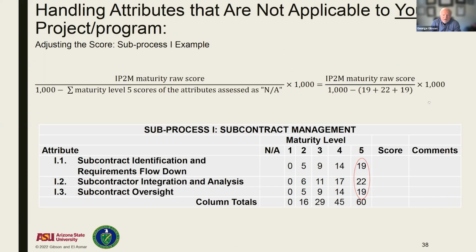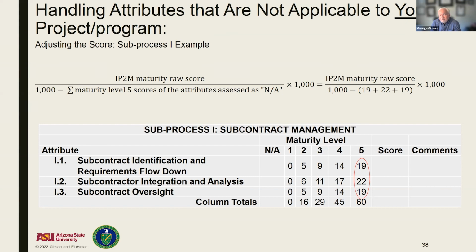Yeah, just like the example I gave a few moments ago where we didn't do unit cost, that was 8 points. If that was the only not applicable in the whole tool as you went through, then your total score would be out of a total of 992. So all we do is basically just adjust percentage-wise, and it actually makes the score a little bit higher as you go through.